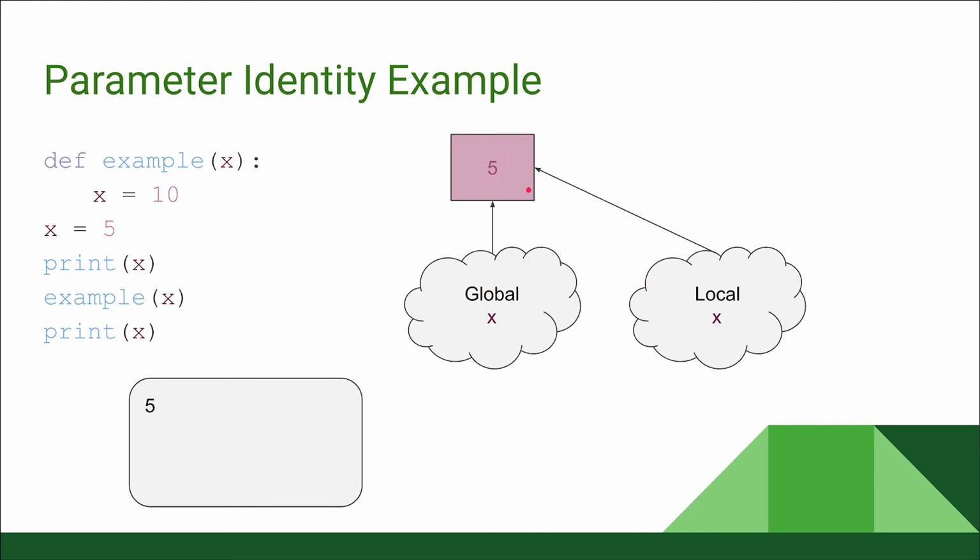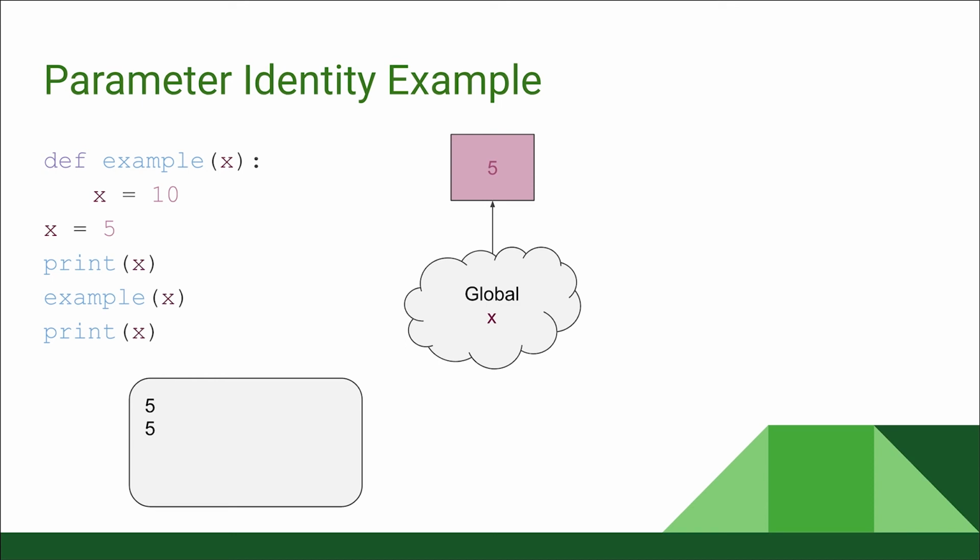Now this is a little bit different than how we have talked about parameters in the past, but where it lines back up again is when I change my local x to equal 10, that's going to break that identity, and local x is going to equal 10, where my global x is still 5. When my function finishes, my local x is going to fade away, and I print my global x, and I still have 5 in that box.